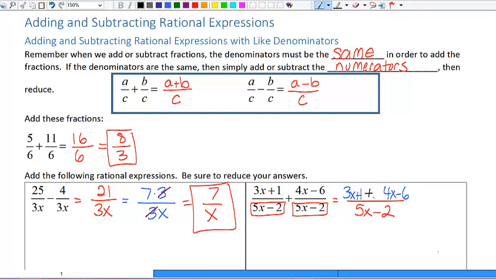The denominator is going to stay the same, and all I'm going to do is combine like terms in the numerator. I have 3x plus 4x is 7x. 1 plus a negative 6 is negative 5. If that reduced, I would need to reduce it, but it doesn't factor, and there are no common factors that divide out nicely, so that's my final answer.